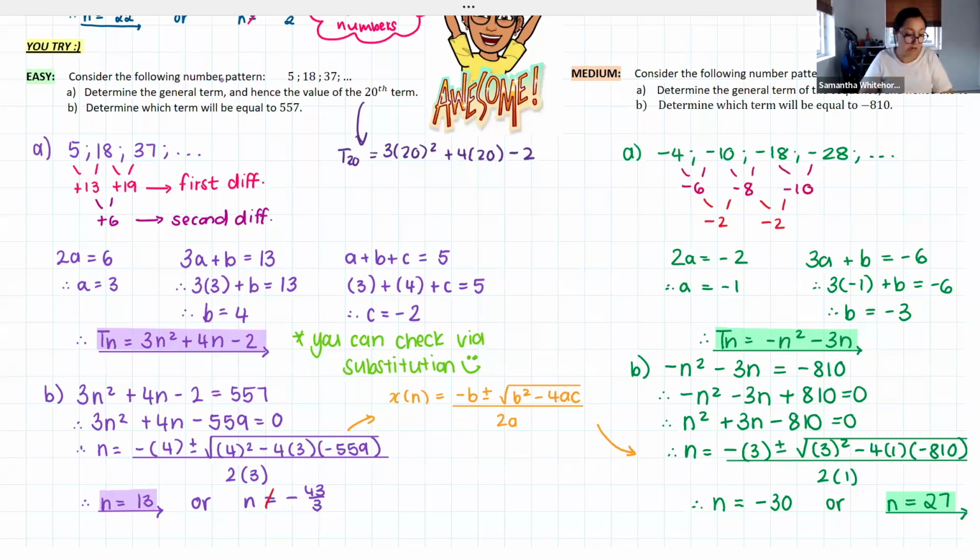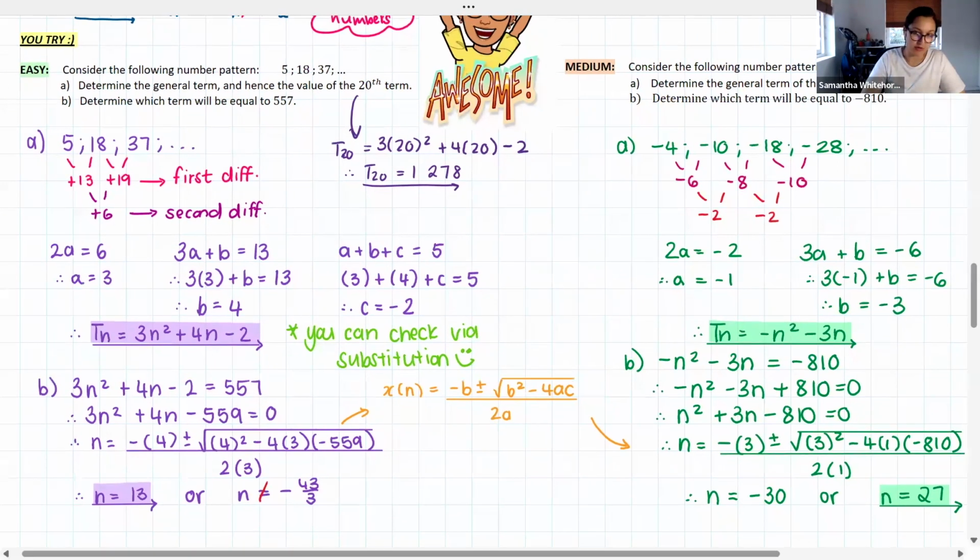So term 20 is equal to 1,278. Did you agree with that, those of you that did the easy one? Yeah, I'm going to go with a yes.